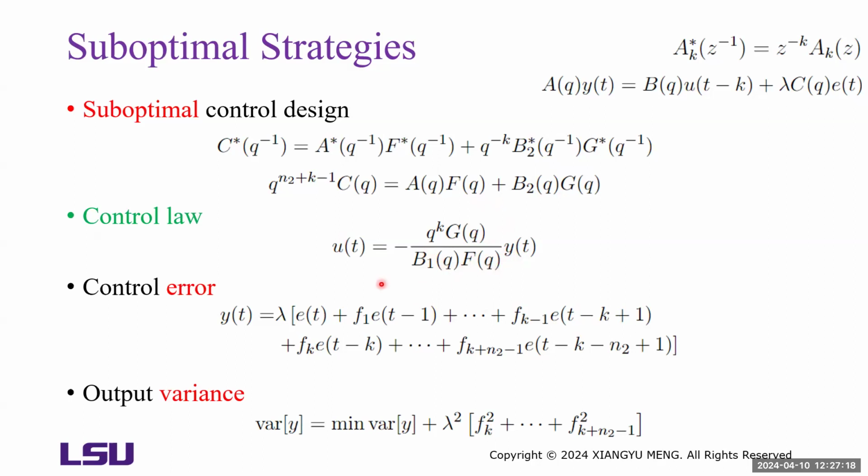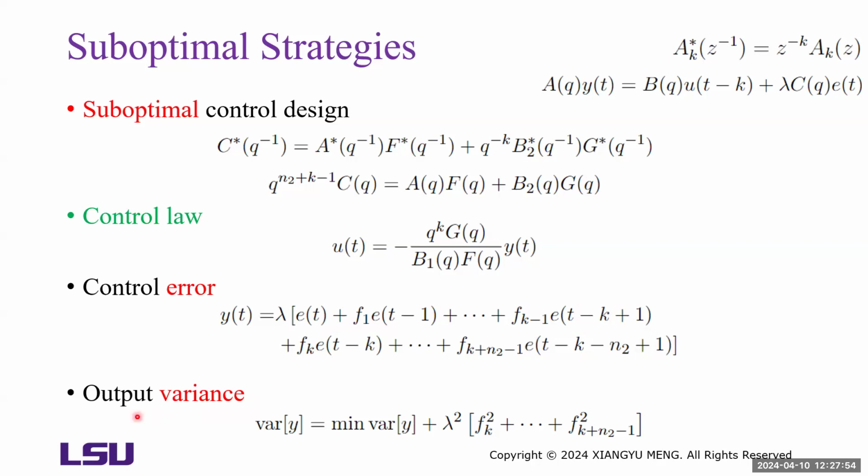With this control law, we get the control error. So y_t is lambda times e_t, plus f1 e_(t-1), up to f_(k-1) e_(t-k+1). Because this F is of order k plus n2 minus 1, you continue until f_(k+n2-1) e_(t-k-n2+1).